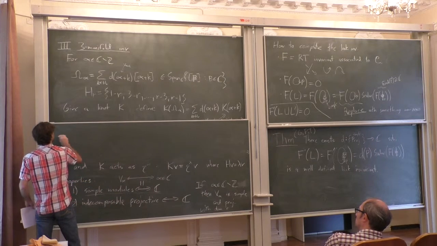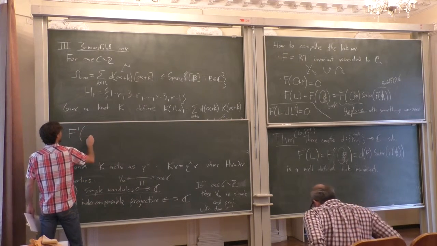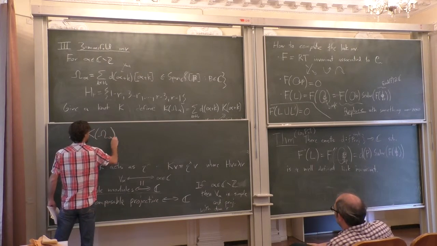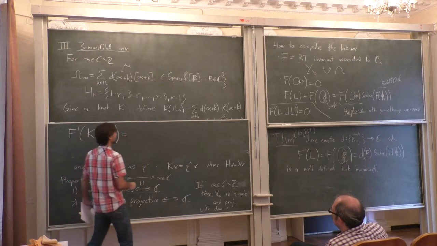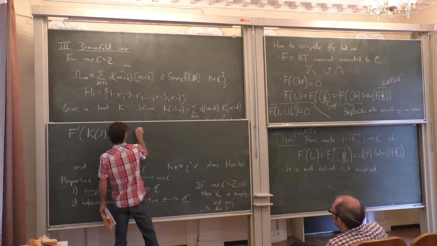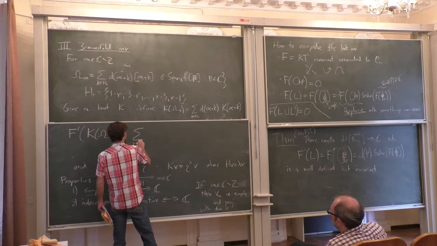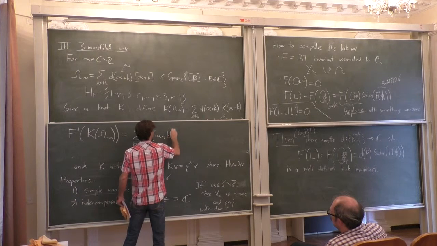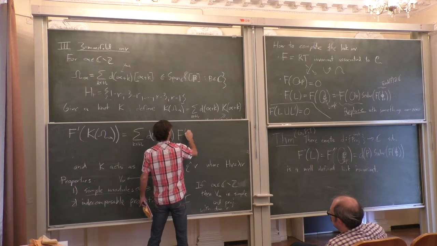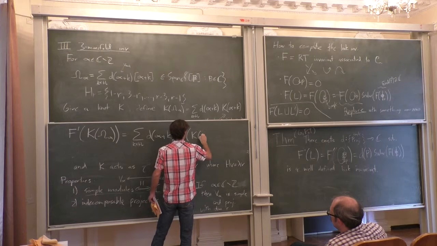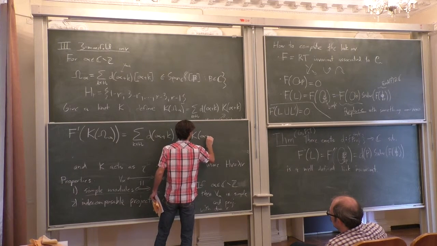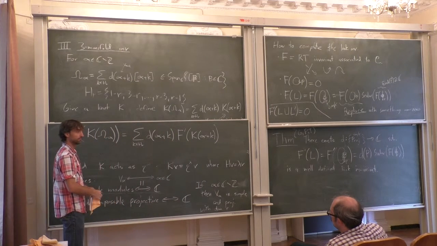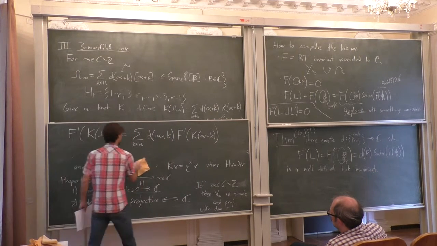So f prime of K of a Kirby color is just equal to, I just take this coefficient out front, I should still continue to take the sum, and now I have f prime of K alpha plus K. So I extend f prime this way. And similarly, you can do it for links.